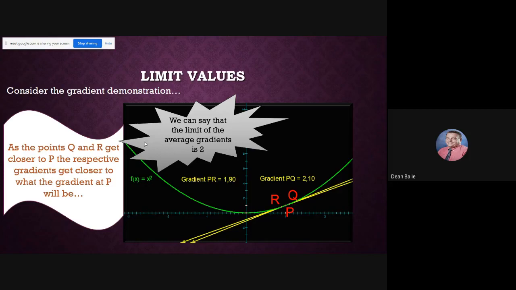From there, we can estimate that the actual gradient of the curve at the point P is 2. We're going to talk more about that tomorrow when we look at the actual lines joining P and Q. Today, we're just interested in the gradients of those lines.